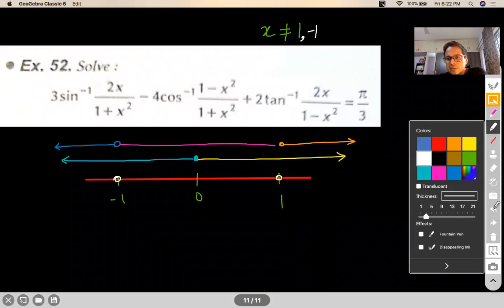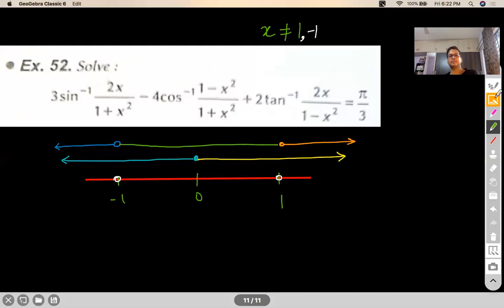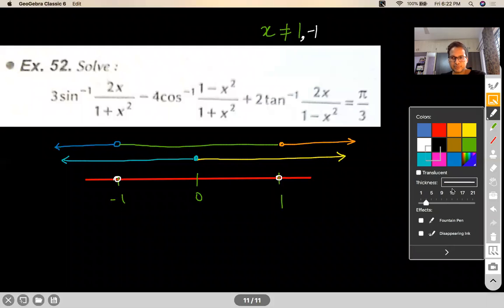Pink is difficult to see, right? I'll put maybe a green color. Okay. Now let's try to solve this question.